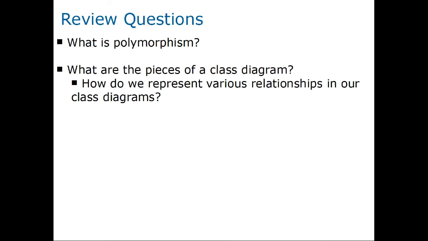And then what else do I have on my diagram? Let's say I make a few classes, then what am I going to do? I'm going to link them up, right? How do I link them up? What are some of the things that we use? Arrows. What does an arrow represent? Inheritance. And then we also have just plain lines. What does a plain line with no arrow on it represent?